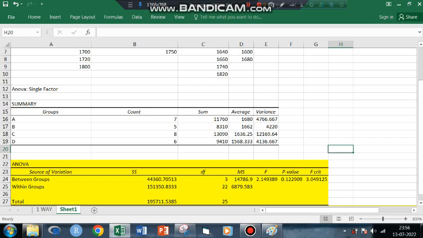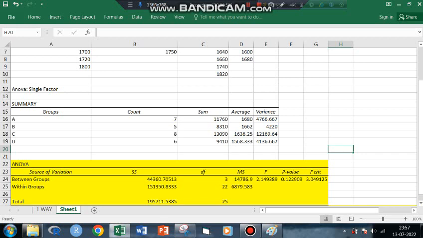The P value, the probability value, I will be coming to later on. The F critical is obtained from the statistical tables. It is F 0.05, that is at 5% level of significance, with DF 3 and 22. So here we see that the F observed is less than the F critical.